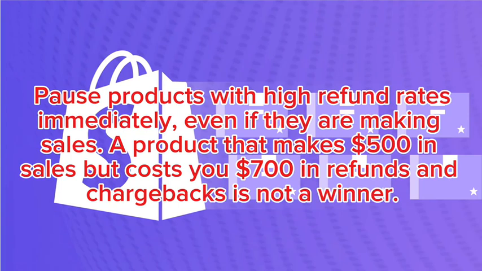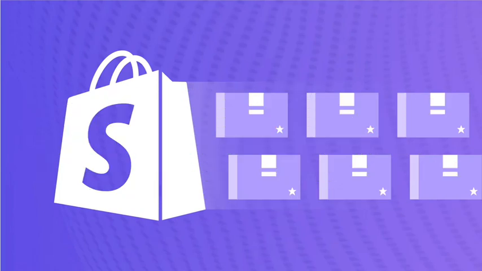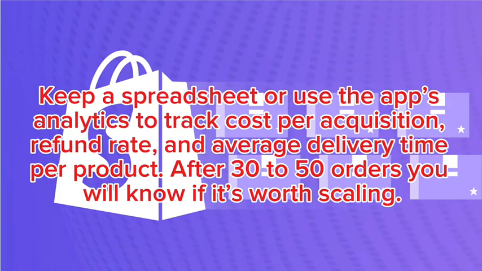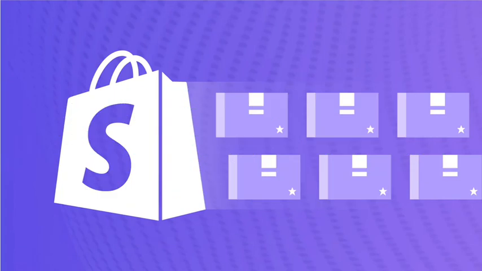A product that makes $500 in sales but costs you $700 in refunds and chargebacks is not a winner. Keep a spreadsheet or use the app's analytics to track cost per acquisition, refund rate, and average delivery time per product. After 30 to 50 orders, you will know if it's worth scaling.